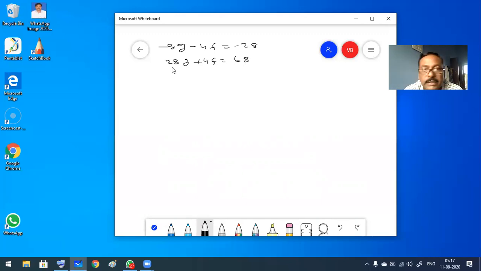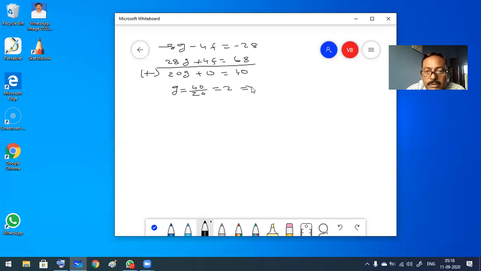By adding these two equations, 20g plus 0 is equal to 68 minus 28, that is 40. So 20g is equal to 40, therefore g is equal to 40 by 20, which is 2.